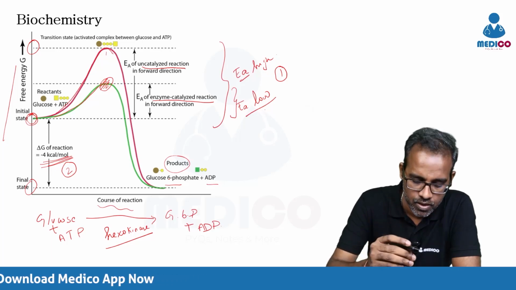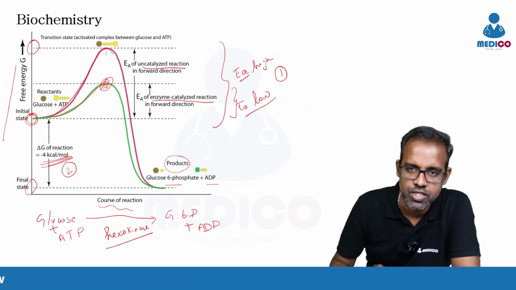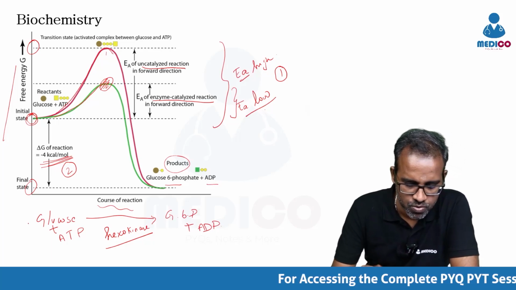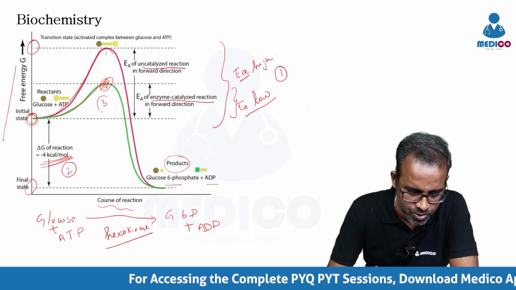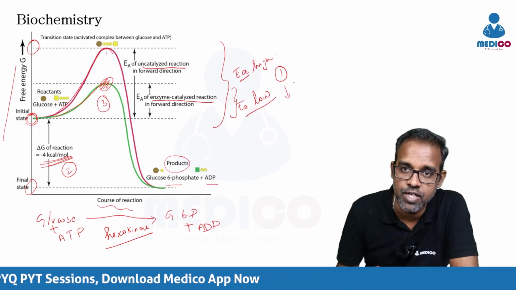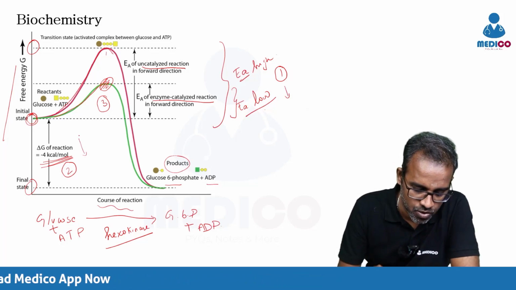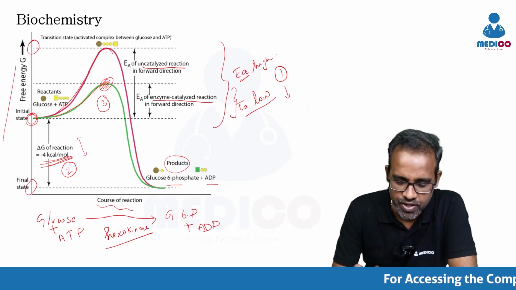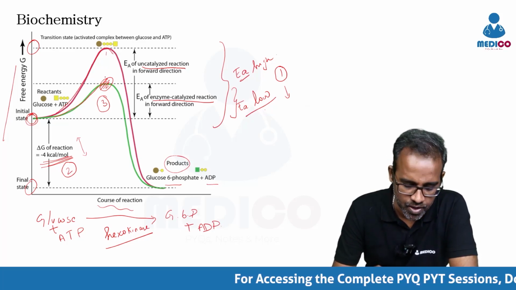The activation energy gets lowered, and the product is formed. So the transition state is stabilized here. So these are the three things that you should keep in mind from this graph. One, activation energy is lowered in the presence of an enzyme. Two, the free energy of the reaction remains constant. There is no change in free energy of the reaction. Three, the transition state is stabilized.